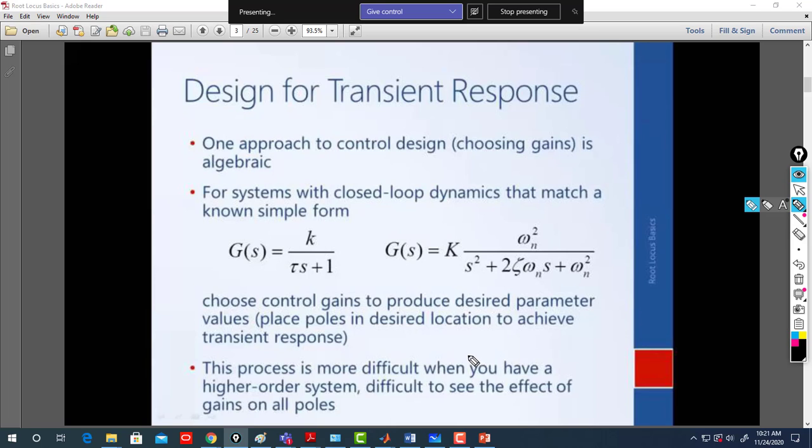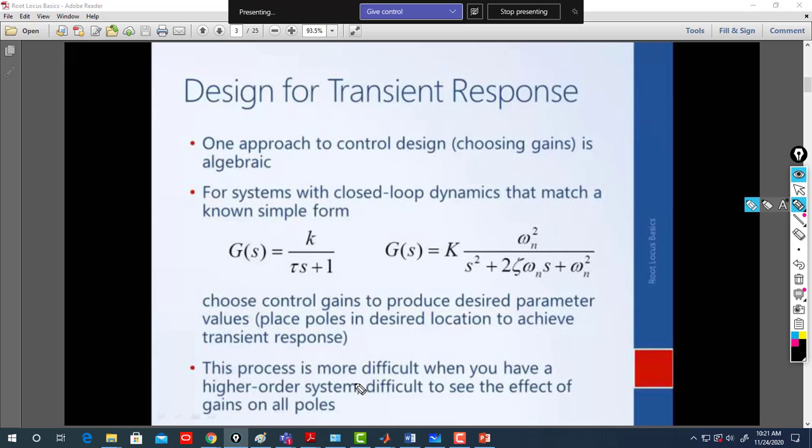So what if the process is a very high order system? Then this process becomes more difficult, and it is difficult to see the effects of gains on all poles. You cannot actually know the effect of gain on all the poles.